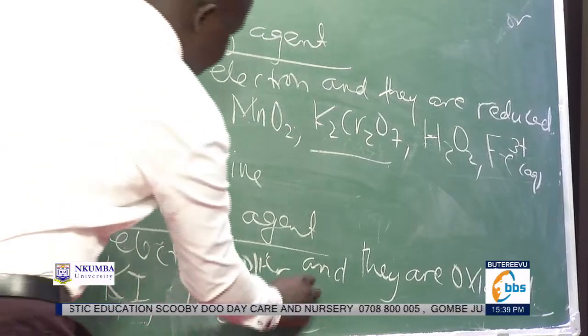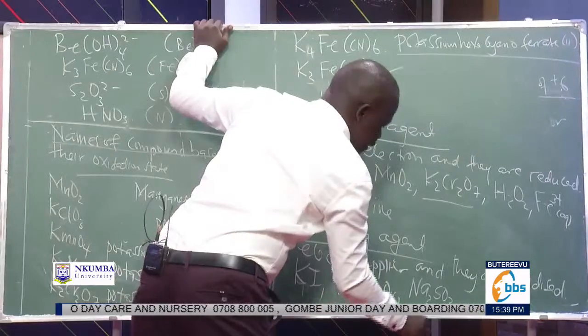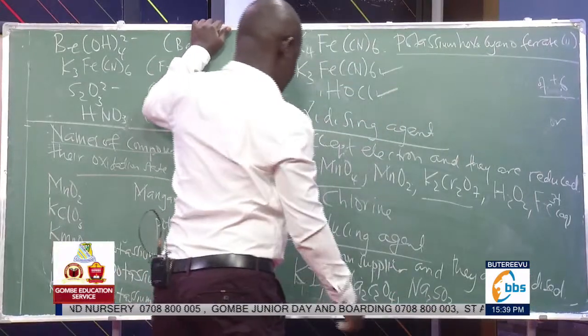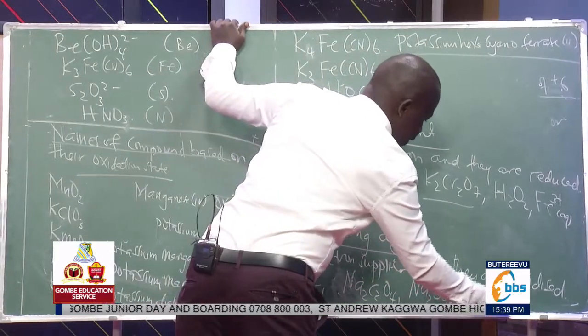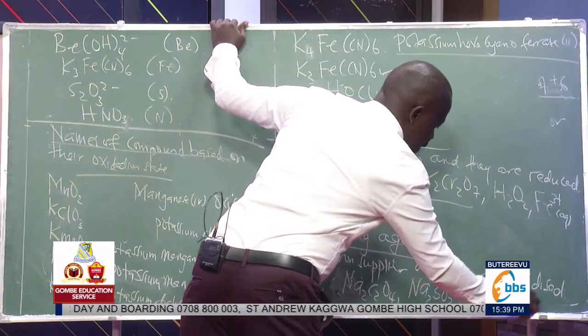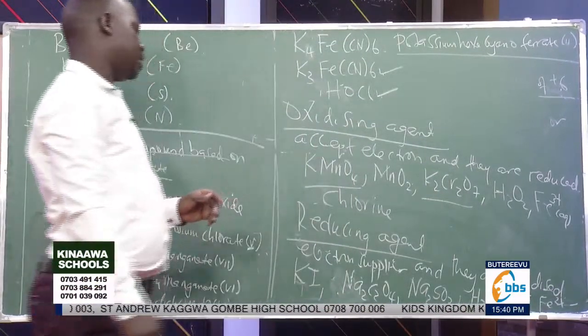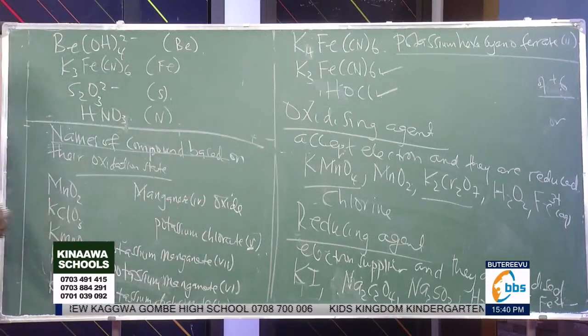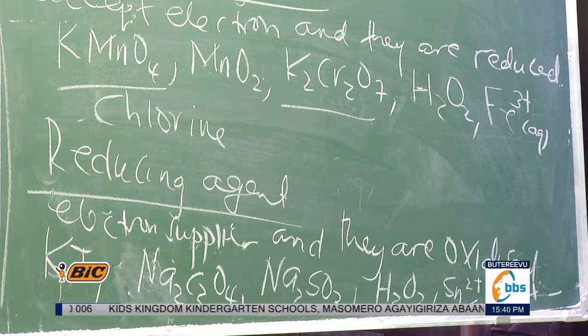We have sodium sulfite. We have hydrogen peroxide also. We have tin 2. We have iron 2. All those are what? All those are reducing what? Agents. Now they supply their electrons, and the resultant is the species being what? Oxidized.